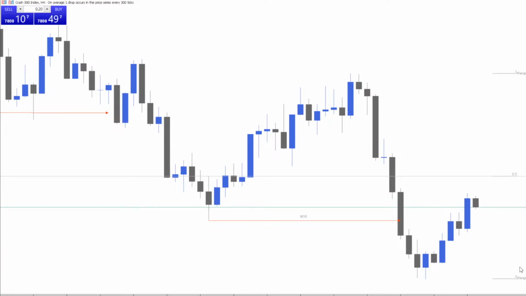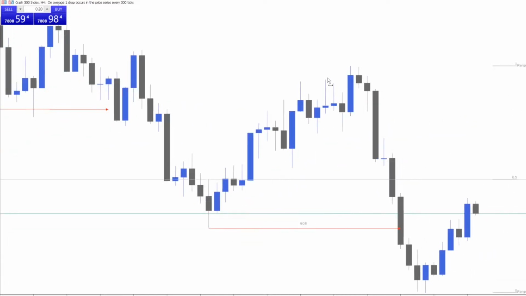Since this is where I would like to trade from, sorry about that, I like to trade from this zone here, right? I'm going to take my trade anywhere between the 100% and the 50%. Anywhere between here is where I'm going to look to take my trade.